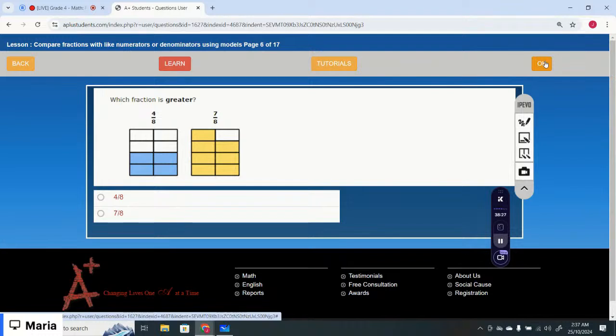Which fraction is greater? 4 by 8, 7 by 8. 7 over 8 is greater than 4 over 8, right?